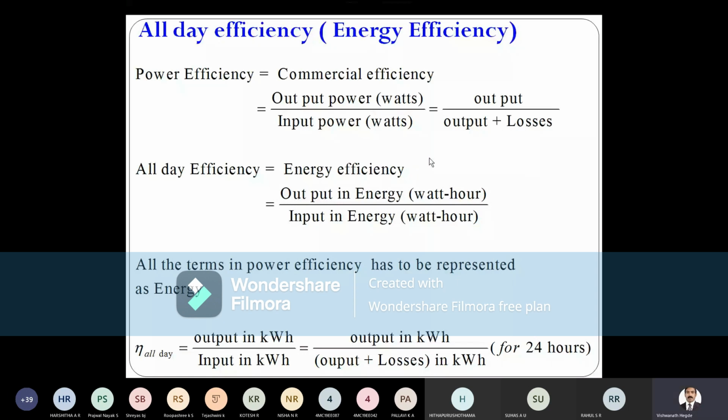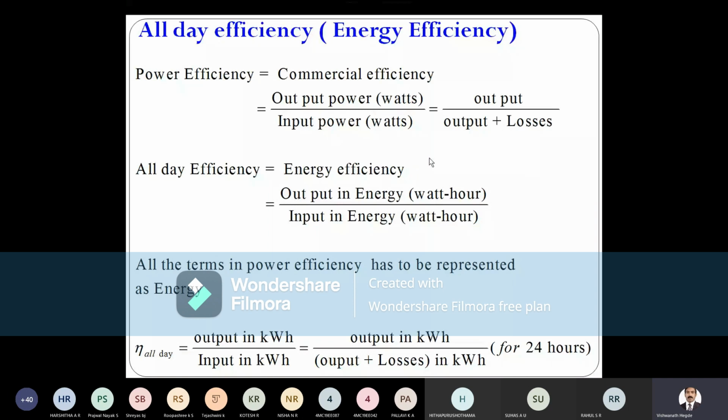When the load is continuously varying with respect to time, if you calculate the commercial efficiency or power efficiency, it will not give you a fairly good idea about the performance of the transformer. Because in case of commercial efficiency or power efficiency, what we do is we say 50% load, 75% load, or full load, something like that. But in distribution transformers, it's not so.